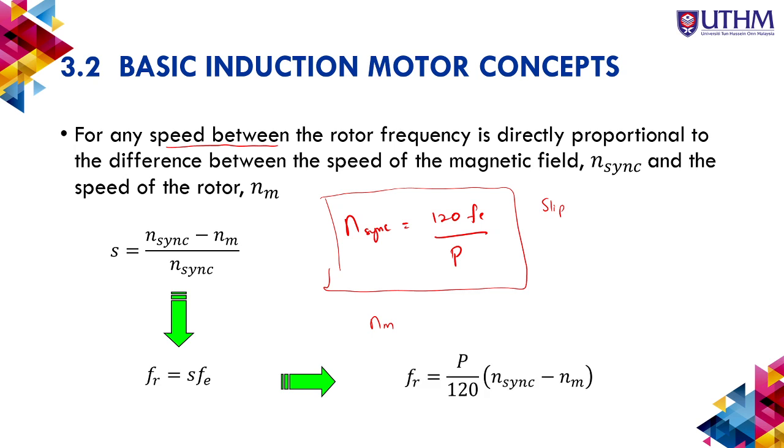Okay, so from here we can get the FR, between this equation. So FR is equal to number of pole divided by 120 times the difference of the speed, which is the N sync minus N, the slip speed.